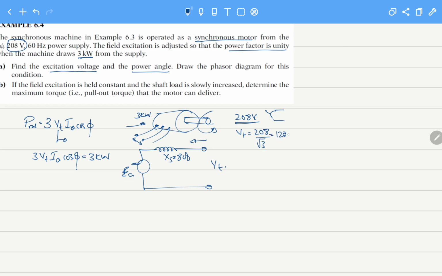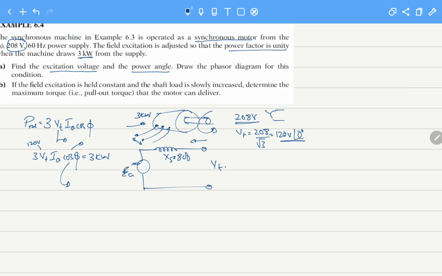This was 120 volts with the angle 0, that is our reference angle. So this is 120 volts, and cos phi is what?